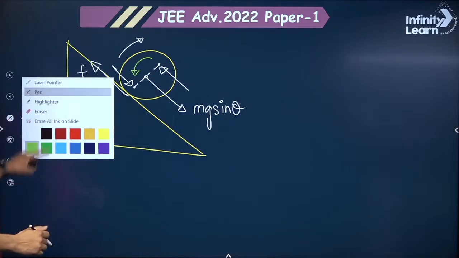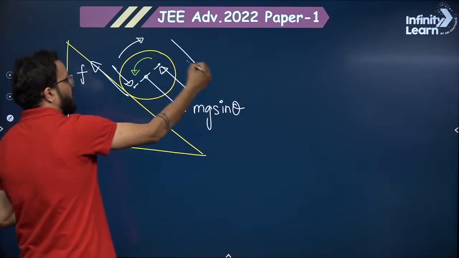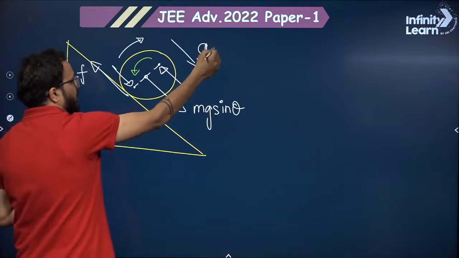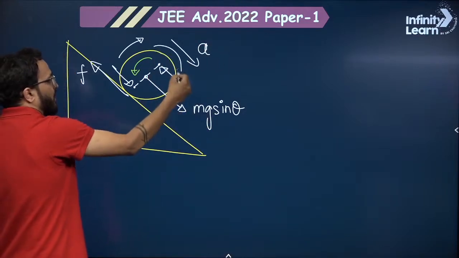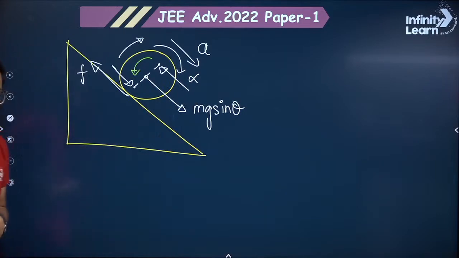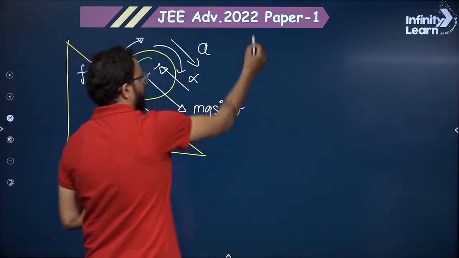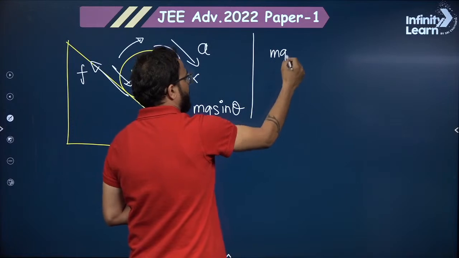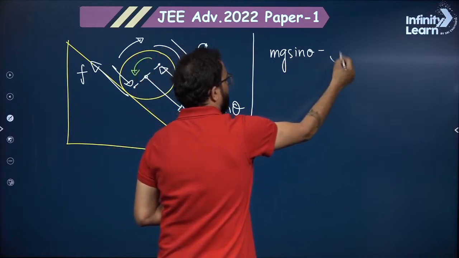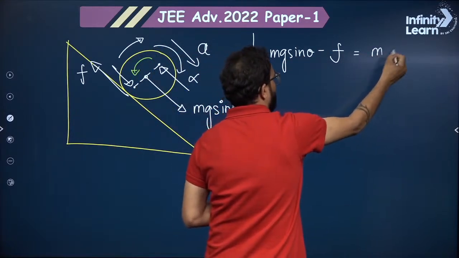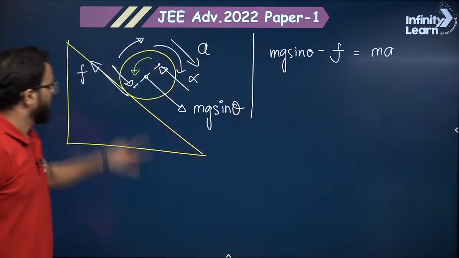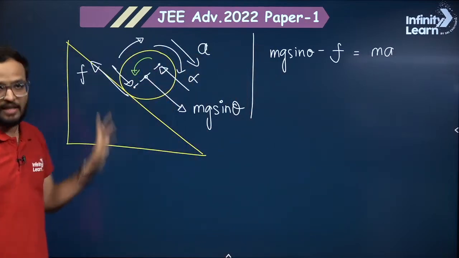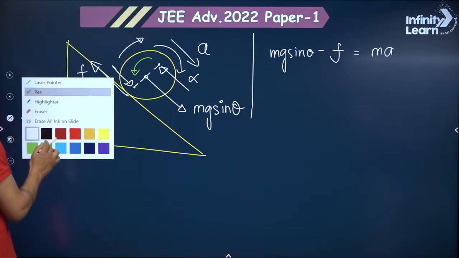Okay, so let's quickly write down the equations. So number 1, you will say, sir, it is accelerating downwards and rotating with alpha, then only this rolling motion is possible. So let's write down the force equation first of all. So you will say, sir, mg sine theta minus f is equals to ma. Now see here, this 1 Newton and 1 Newton, they will cancel out each other, so there will be no participation of them in producing any acceleration, right?